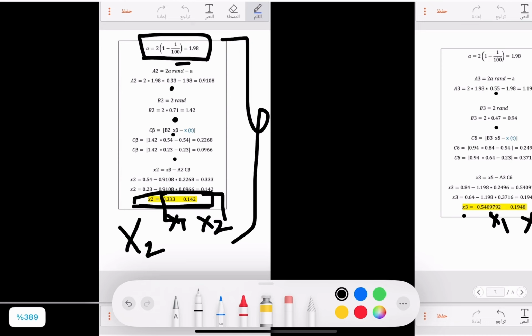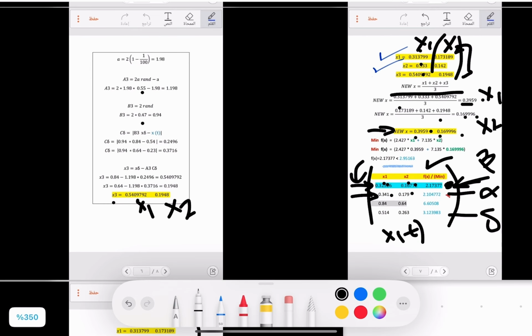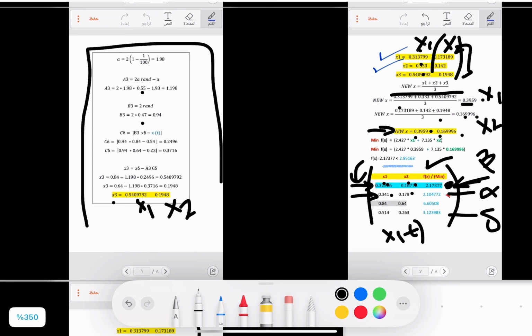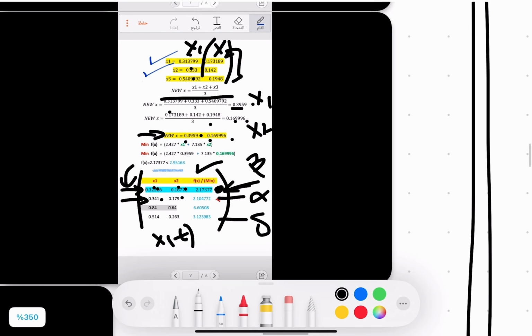X2 capital is giving us a value for x1 candidate solution and small x2 as a candidate solution. Going to x3, we're going to do similar calculations. As we can see, the random variables are again changed to different values here. Once we get all the x1, x2, x3s calculated here, we have these three values for x1, and these three values are going to be for x2.